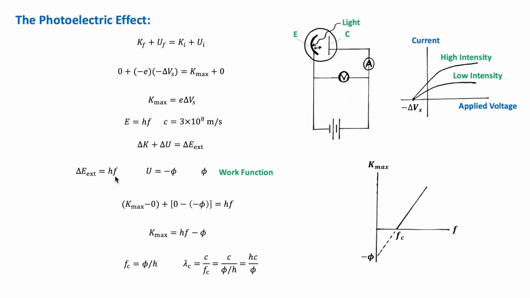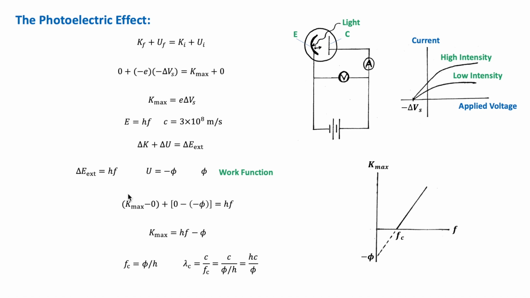And during this process, the kinetic energy of the electron increases from 0 to its final value, which we take as the maximum possible kinetic energy, K max, okay? So the potential energy of the electron plus metal system increases because the electron is pulled away from the metal to which it is attracted, right?